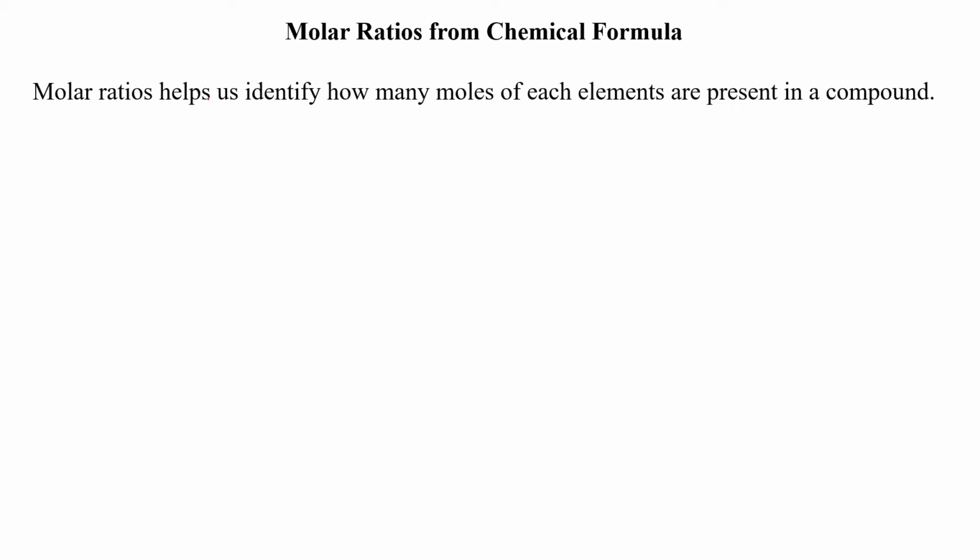Okay, let's do molar ratios from chemical formula. Molar ratios help us identify how many moles of each element are present in a compound. So for instance, if I write a compound C6H12O6, if I read this formula, I will say it is 1 mole of glucose, right? There's no coefficient, which means it is 1. So it is 1 mole of glucose, but the molar ratios of each element in this compound are what that 1 mole of glucose actually has.